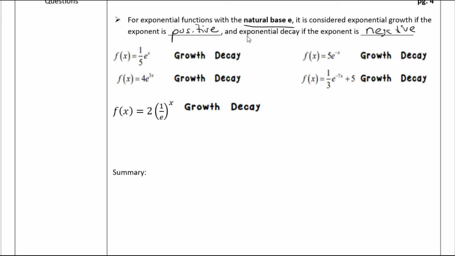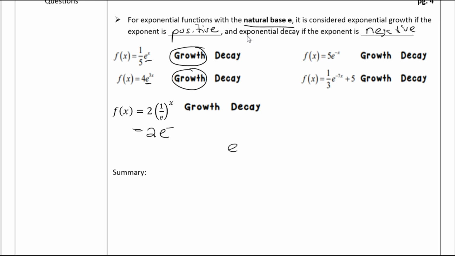So if you have 1/5 e to the x, well, the base e is bigger than 1, and the exponent is positive, so this is growth. For this guy, we have the exponent is 3x, it's positive. The base is e, so that's growth. For this guy, you can remember the 1 over e, you can rewrite this as e to the -1, because remember, you can rewrite it backwards.